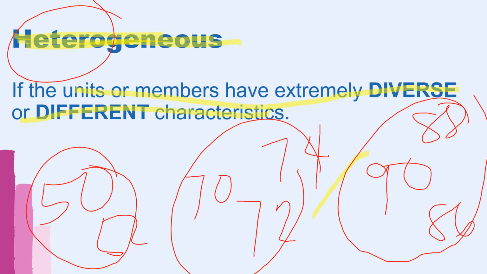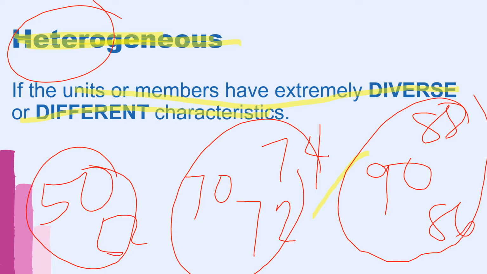Meaning I need to explore varied teaching styles in order to improve the performance of my students. Whereas if they are homogeneous, I can say that the same strategy may work in this set of students. So that's how you would use homogeneous and heterogeneous.